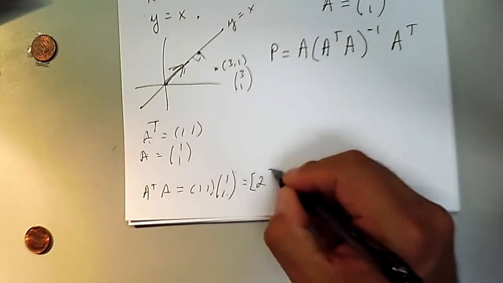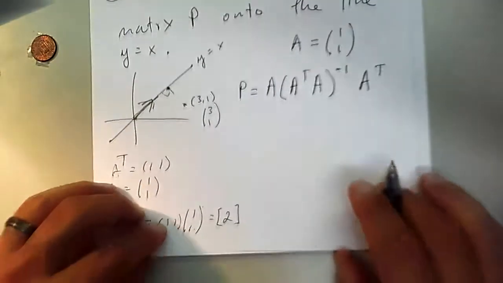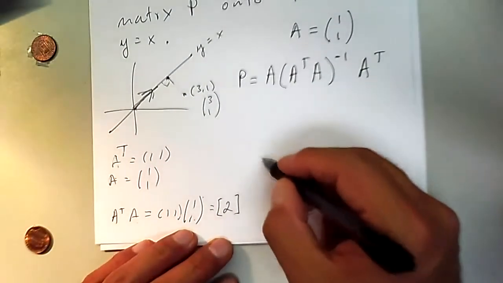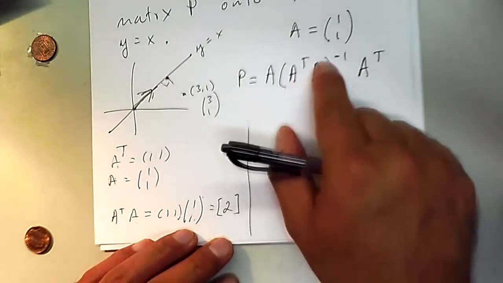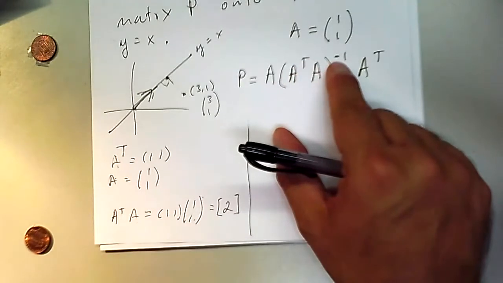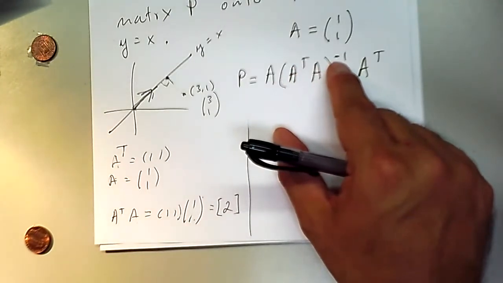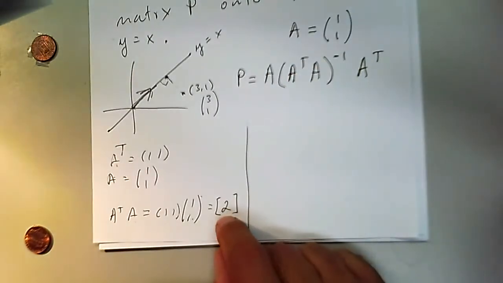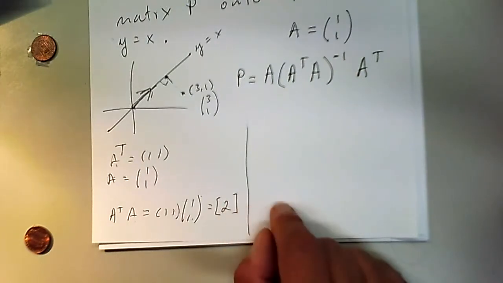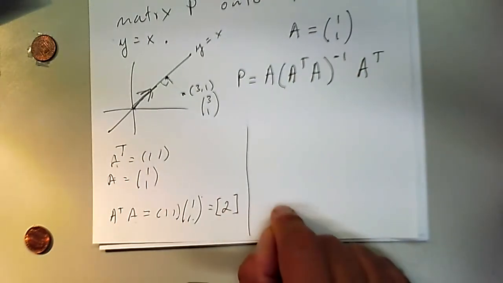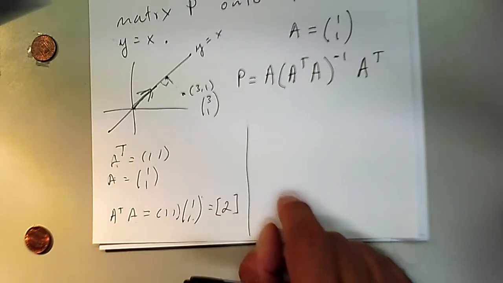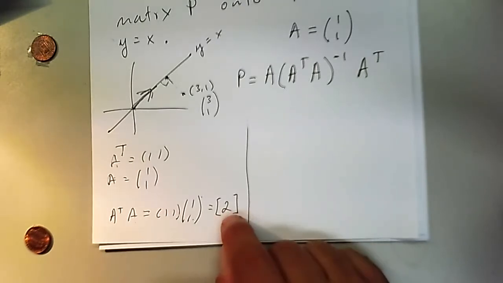Okay. So I'm still thinking about that 1 by 1 business. Anyway, so that is this. Oh, but then the inverse. What is the inverse of that? Well, it's got to be another matrix that multiplied with this matrix gives us the identity. And the identity is 1. So I have to have 1/2.